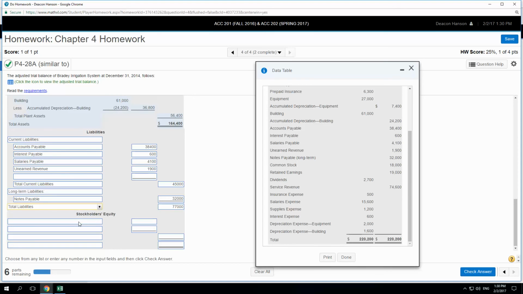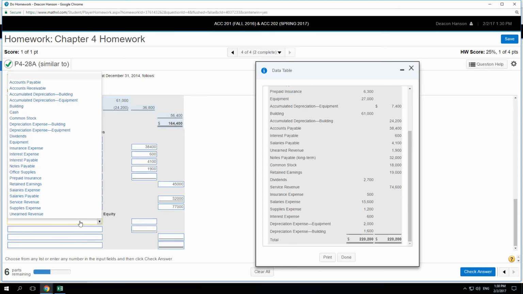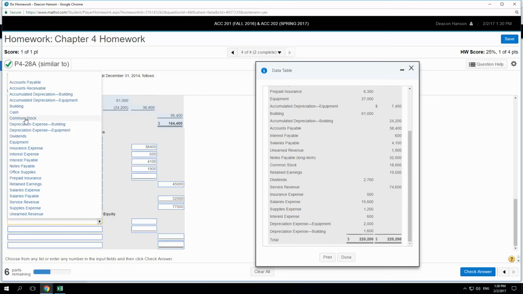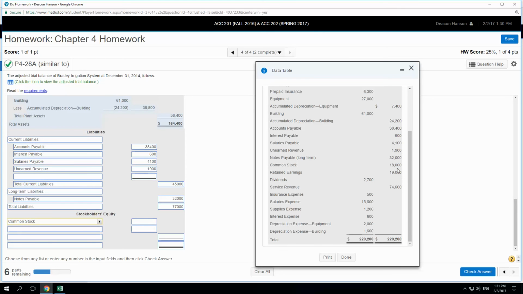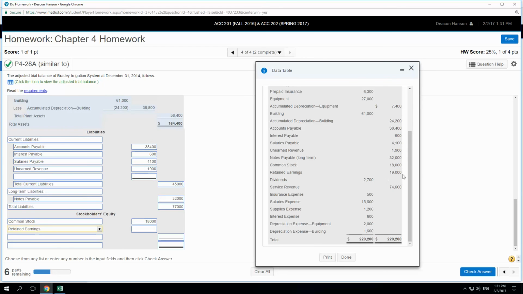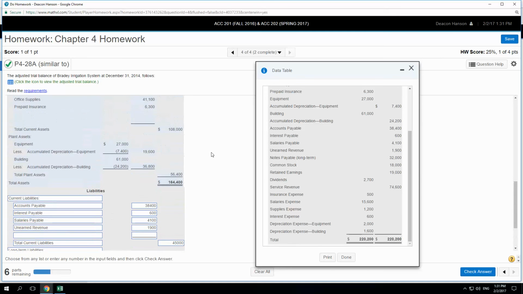So the first thing in equity is what? You guys remember? First item in equity, common stock, right? So I can get my common stock from my trial balance here, 18,000. And then what's the other thing in equity? Yep, you got it. Now this is where we have to be careful, because we're not going to use this retained earnings. That's the beginning retained earnings. We have to scroll back up.